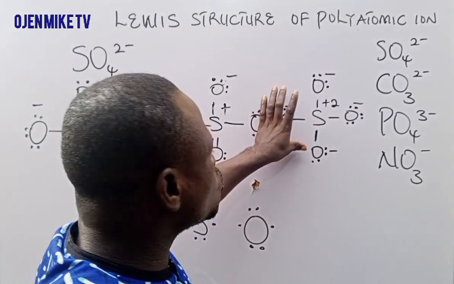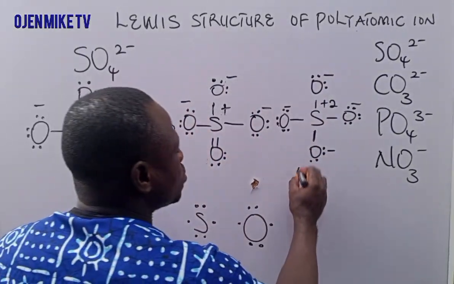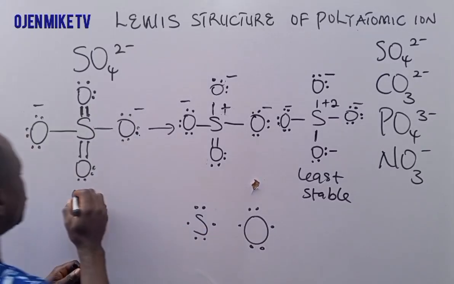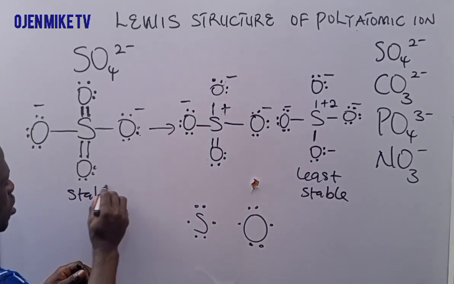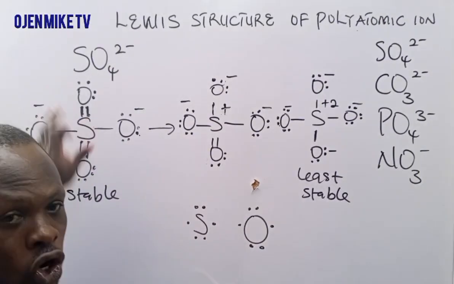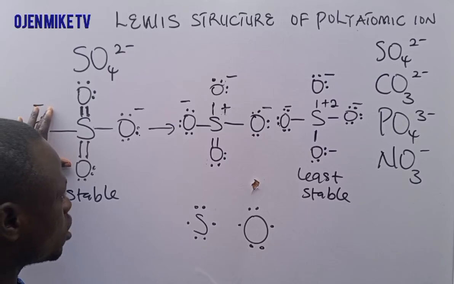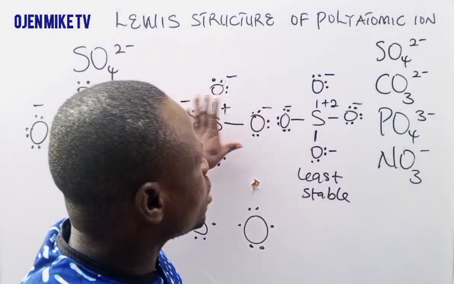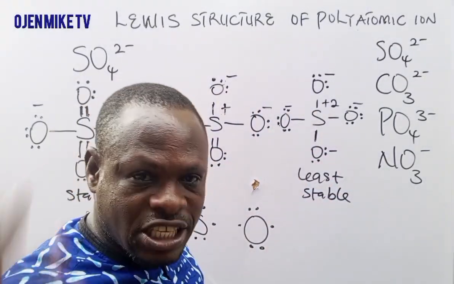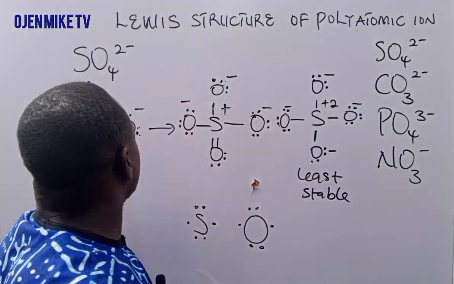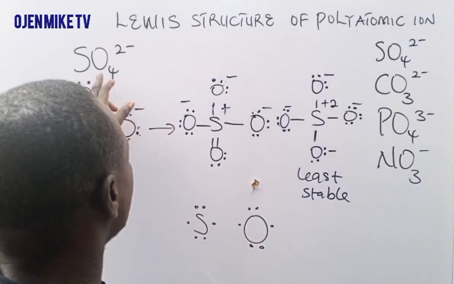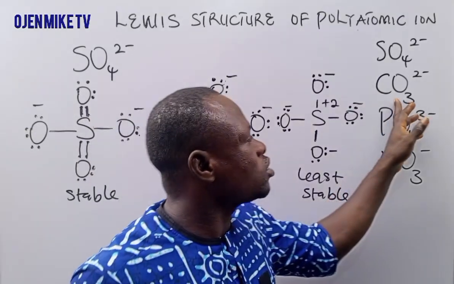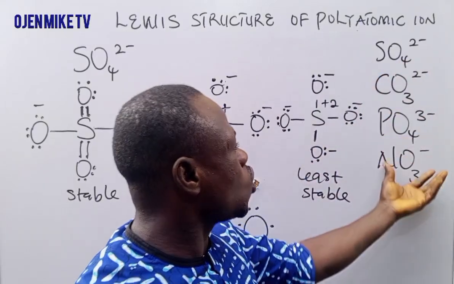Now this one is the least stable. This one is the most stable Lewis structure of sulfate. The more charges are in the structure, the less stable it becomes. So the most stable structure of sulfate is this one. You go and try this one, but we have already extensively discussed all this.